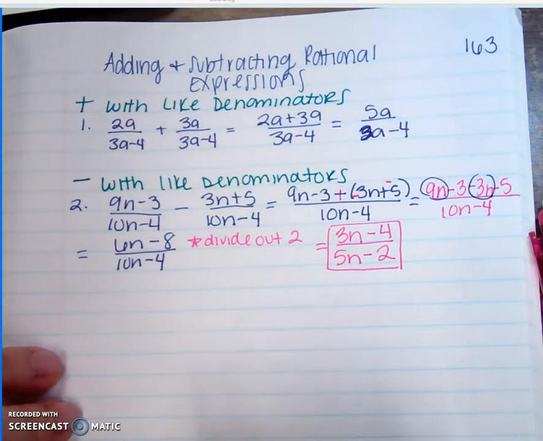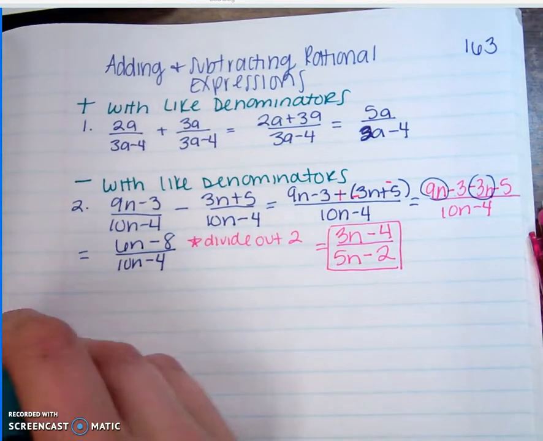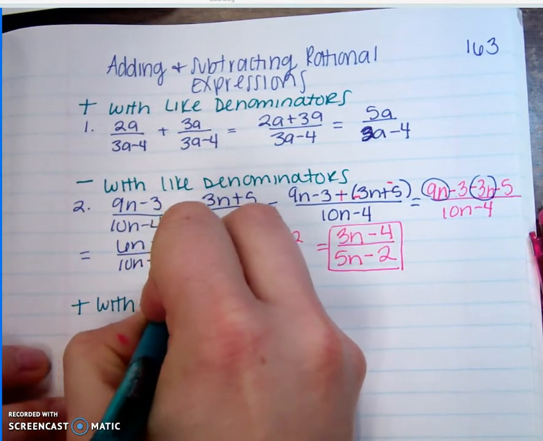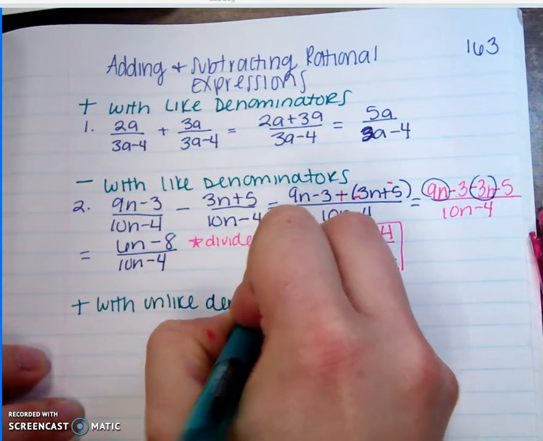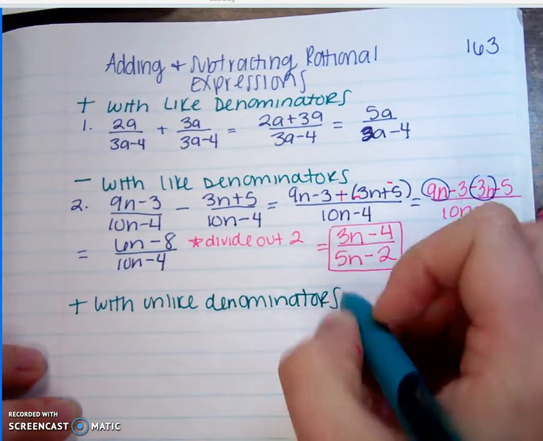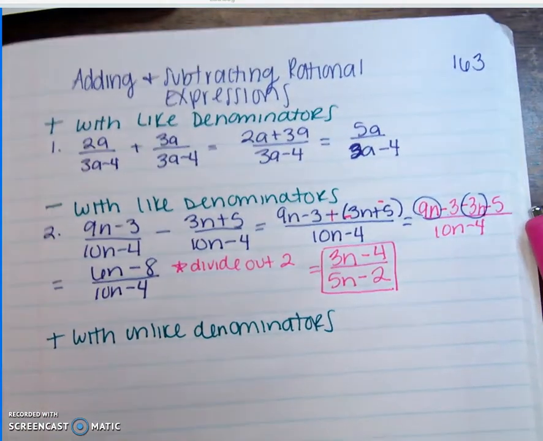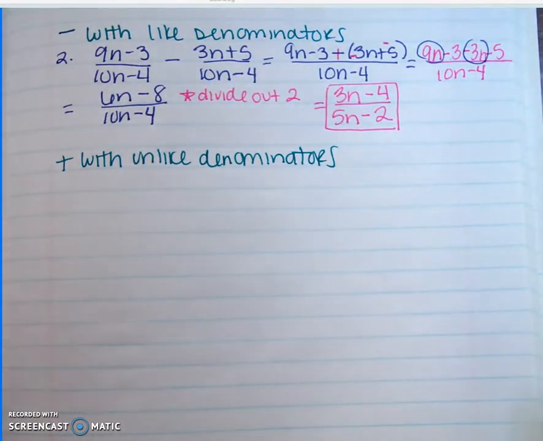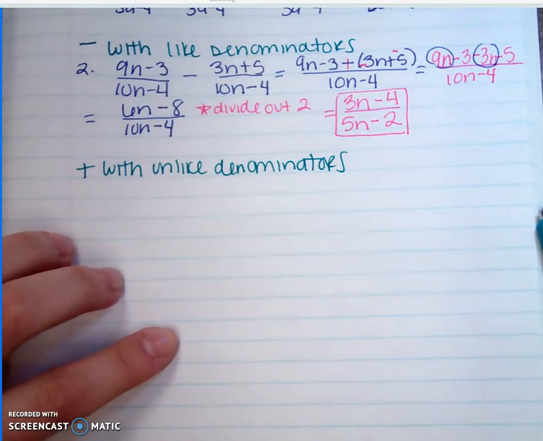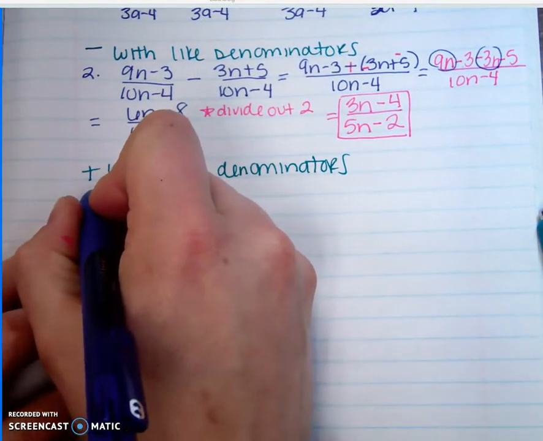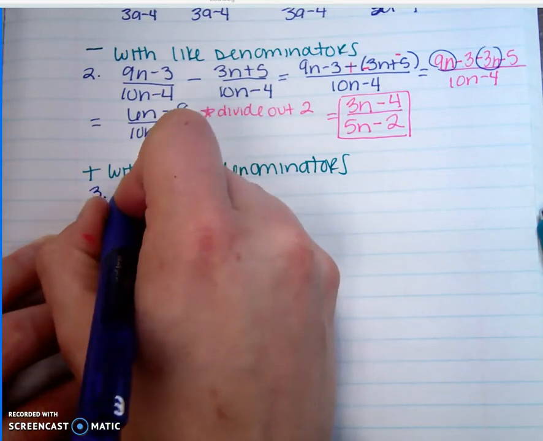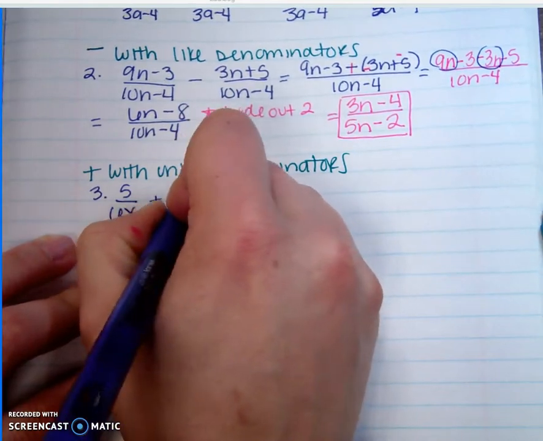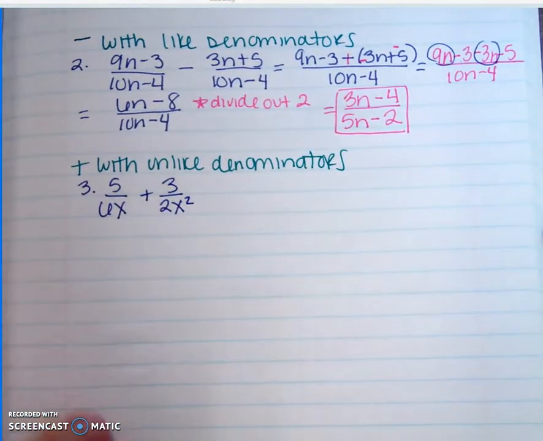Now, if we are adding with unlike denominators, for example, if we have 5 over 6x plus 3 over 2x squared, something like that.